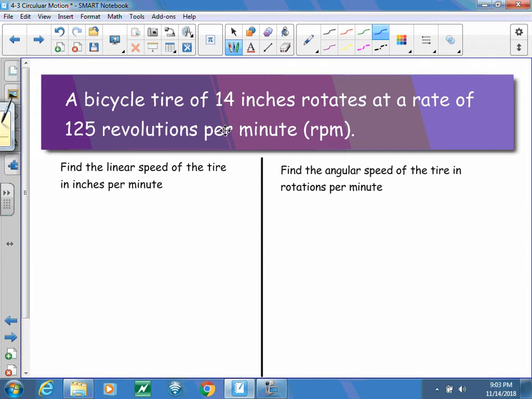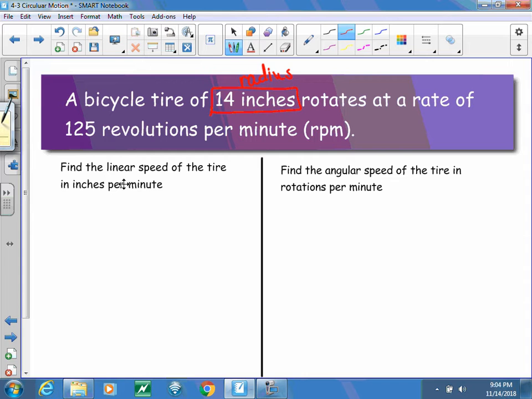I'm going to double check, that 14 inches is going to be our radius. Yes, it's supposed to have a radius of 14 inches. I just forgot to write that in.